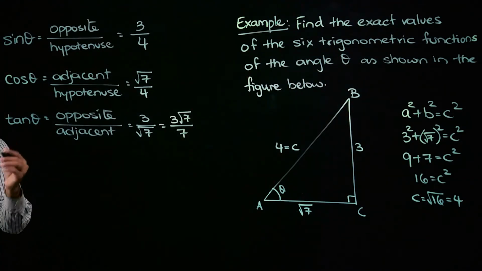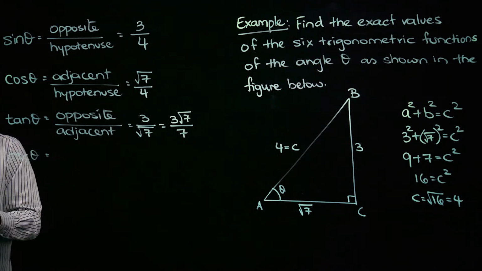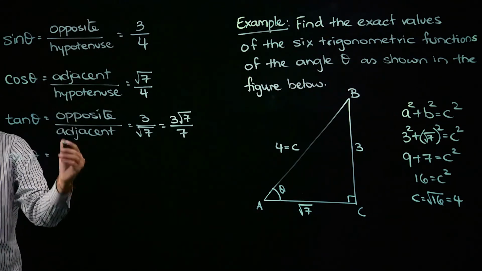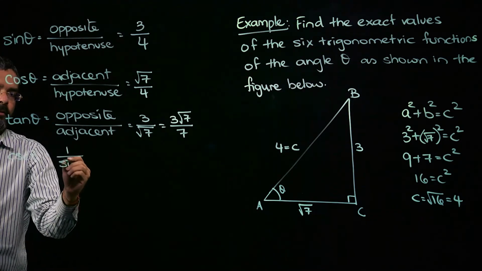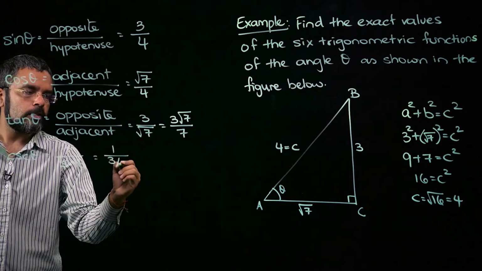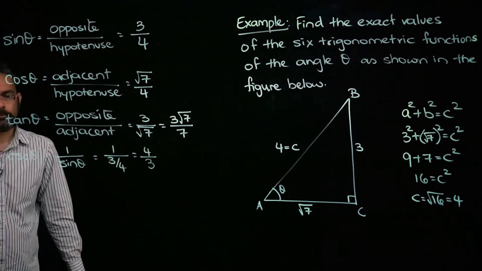Okay. Then we have cosecant theta. Now, I technically don't need it as hypotenuse over opposite because I know this is 1 over sine theta. And so that is 1 over 3/4, which is nothing but 4/3.